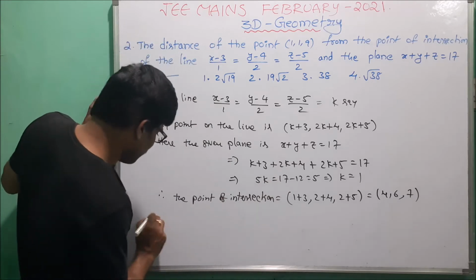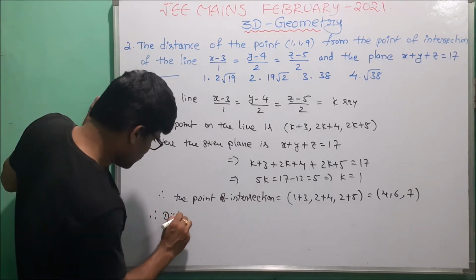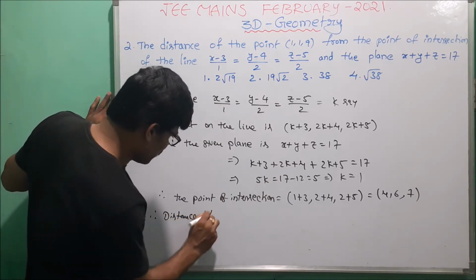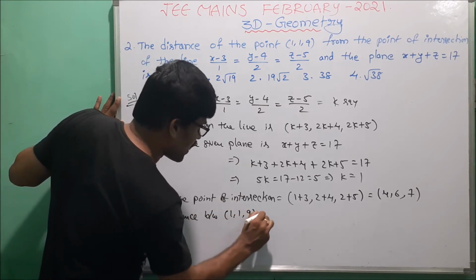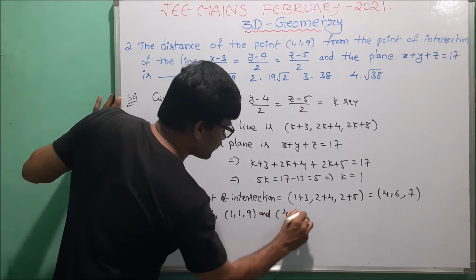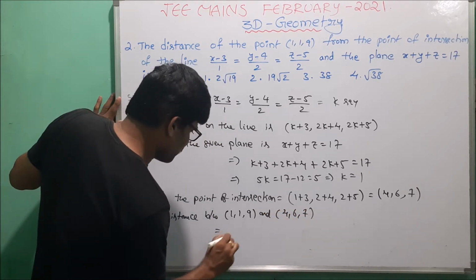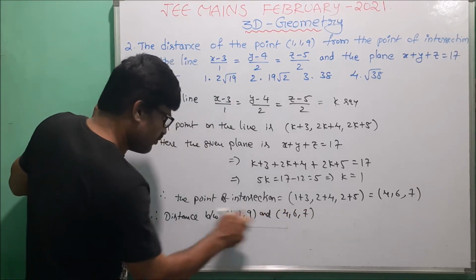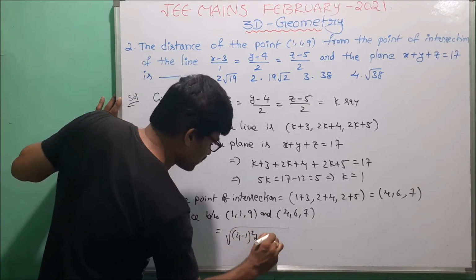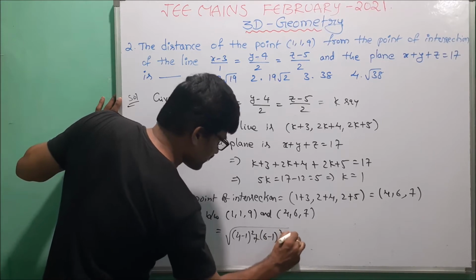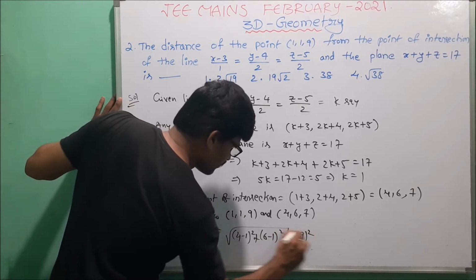Now we find the distance between the given point (1, 1, 9) and (4, 6, 7). Using the distance formula, square root of (4 minus 1) whole square plus (6 minus 1) whole square plus (7 minus 9) whole square.